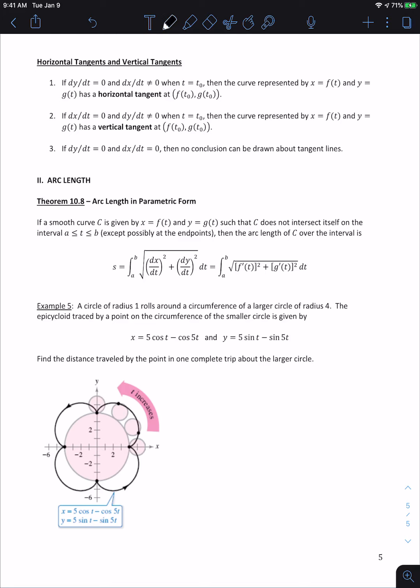And our goal here is the epicycloid traced by a point on the circumference of the smaller circle. So the curve that gets made is this, with all these circles here.